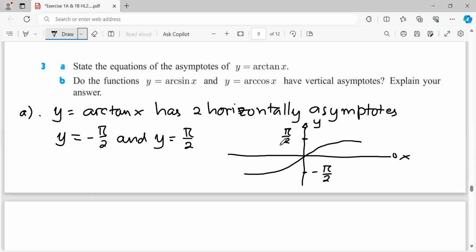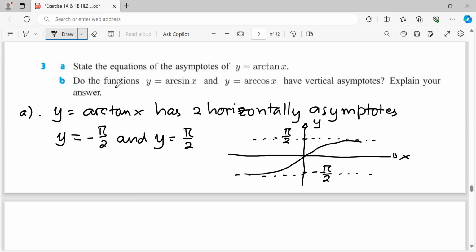Therefore, the asymptotes are y equals negative pi half and y equals pi half. So the asymptote here, this one.